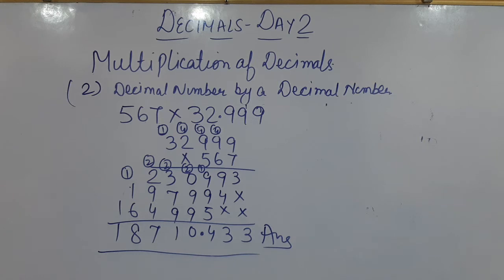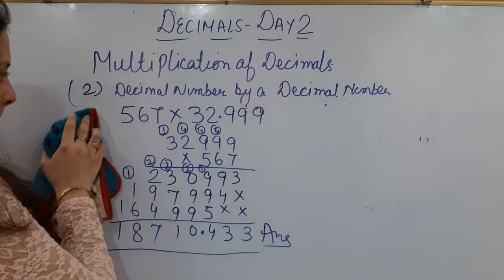Let's move to the last topic, which is multiplying a decimal number by multiples of 10.